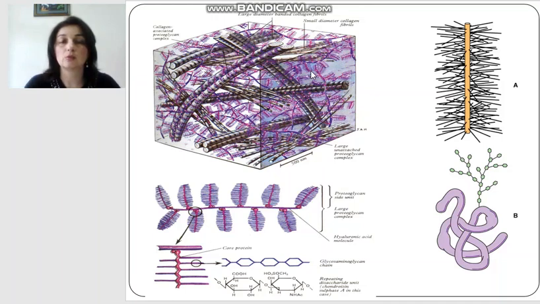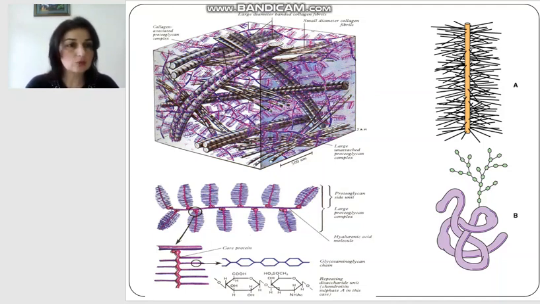Then they will also prevent migration of metastatic cells and will resist compression of the connective tissue. Also, they are responsible for the slow disappearance of the aqueous bubble after a subdermal injection. So these are the proteoglycans.